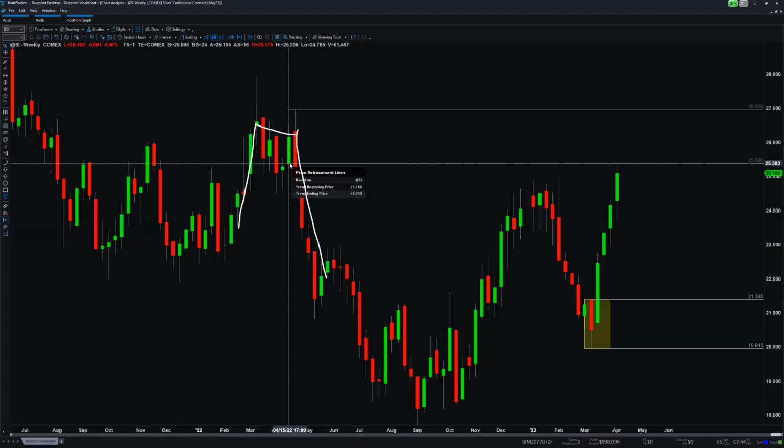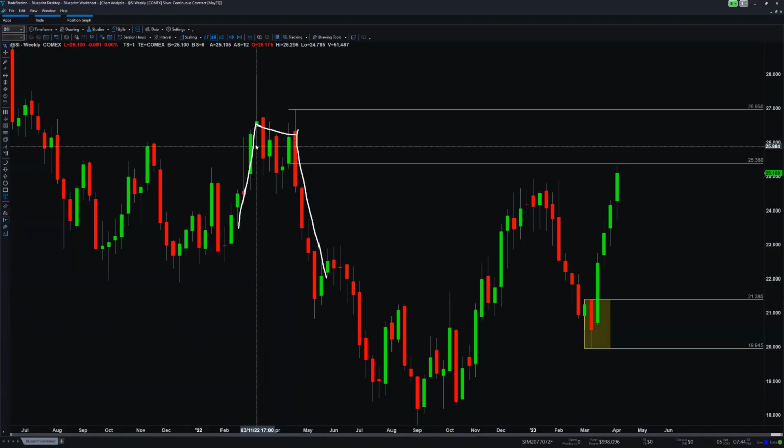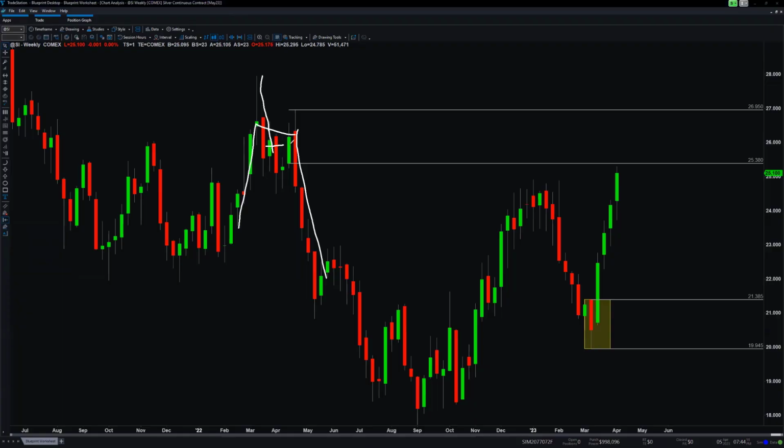And so as I visually approach this, I may say, well, we have a drop. We also have a drop, a base, and then a drop, right? And so for a drop base drop, I put my proximal around all the basing candles. Now you could say, well, why don't you put it here? You could. I just put it here, and then your distal goes at the highest wick of the basing candles, including the leg out. This is part of the leg out, so we would put it here.